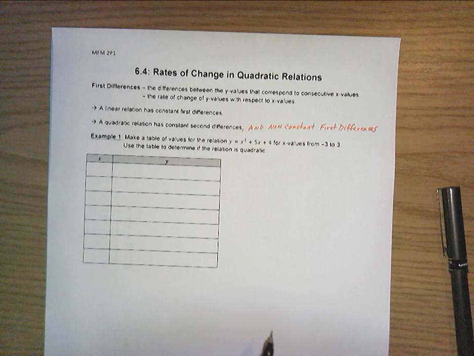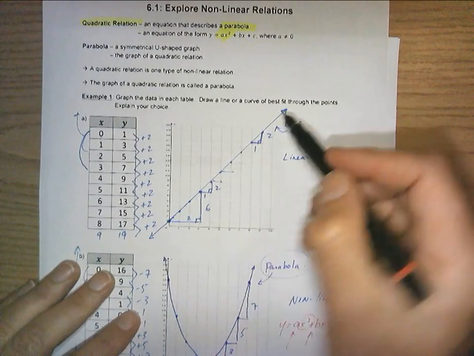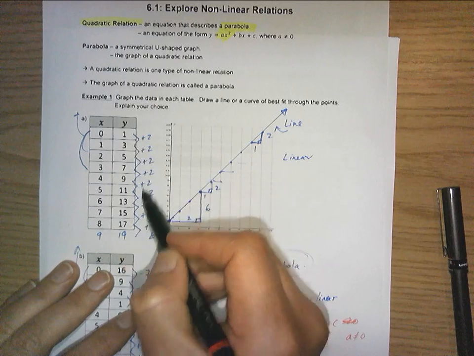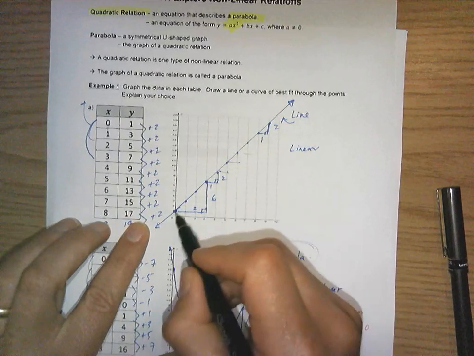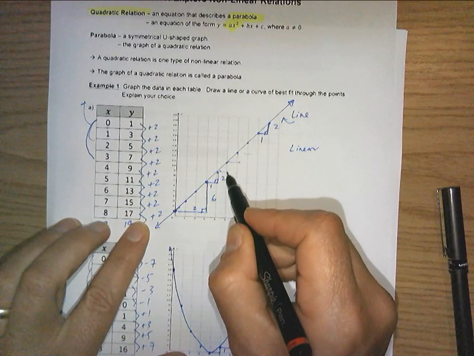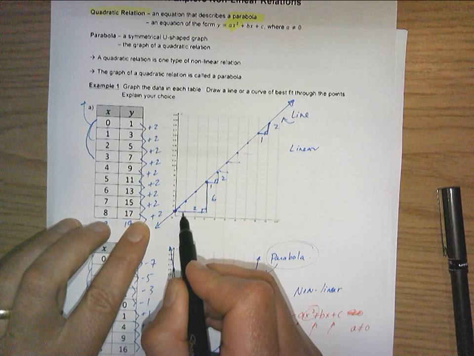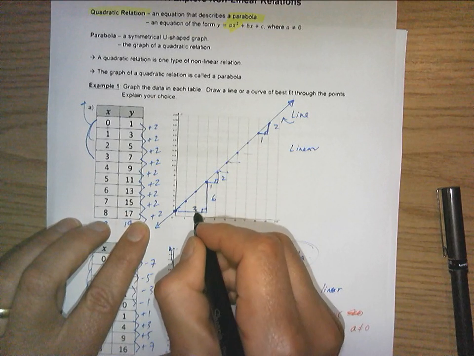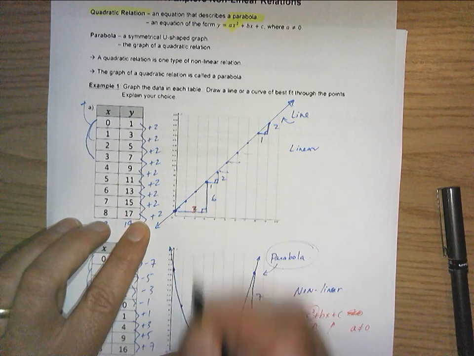That goes back to what we were talking about earlier when we were looking at 6.1. When we looked at a line, we saw that all of these are called your first finite differences or first differences. They all went over 1 up 2, over 1 up 2, over 1 up 2. If I went over 3, then I went up 6.